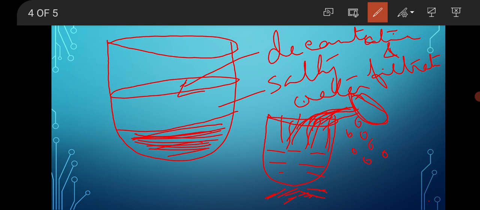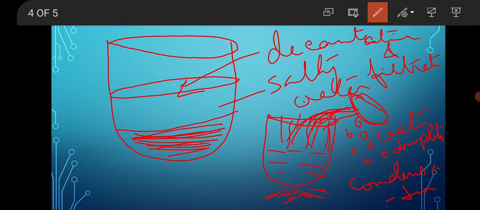So these are the water droplets. Clear? So this process is called condensation.